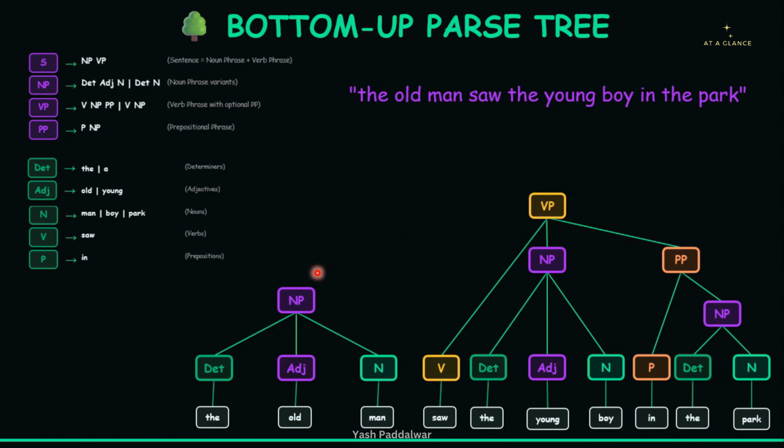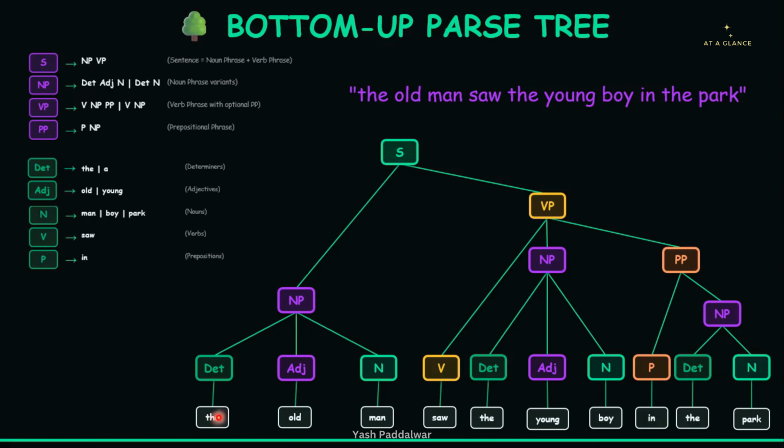Now you can see we have only two nodes left, NP and VP. So let's check for any rule which has these together, NP and VP. Yes, there is one rule, which gives rise to the node S. So let's combine these two together to reach the node S. So this is how we create a parse tree with the help of the bottom up approach.